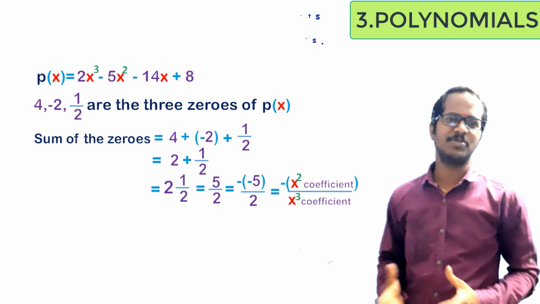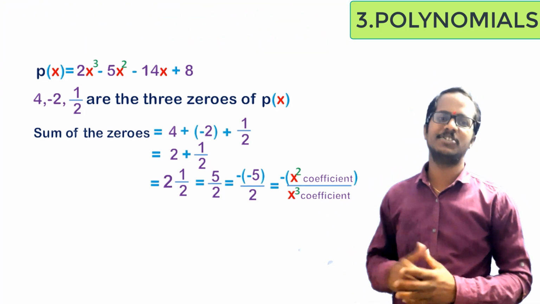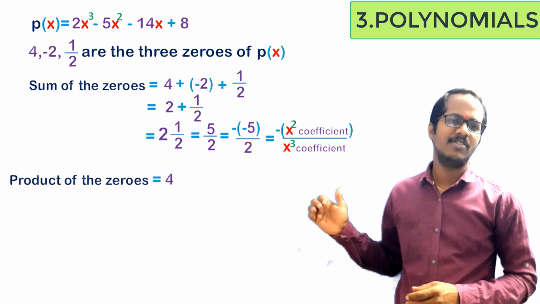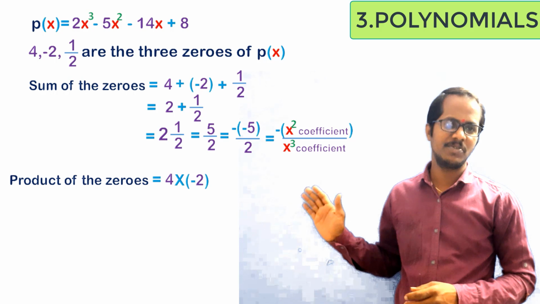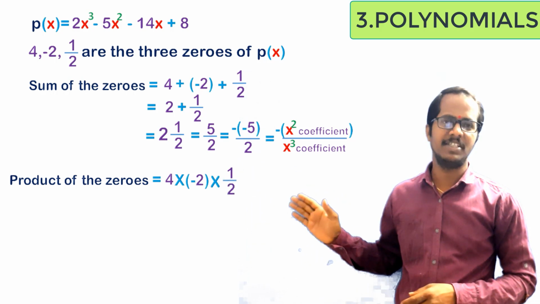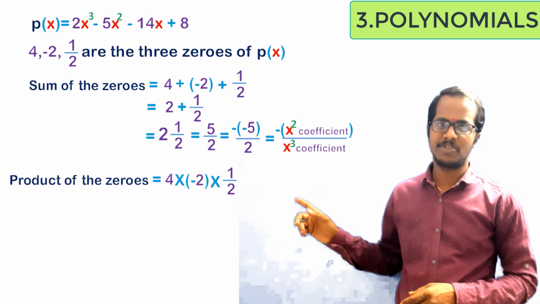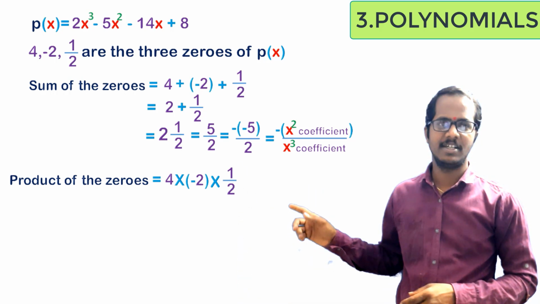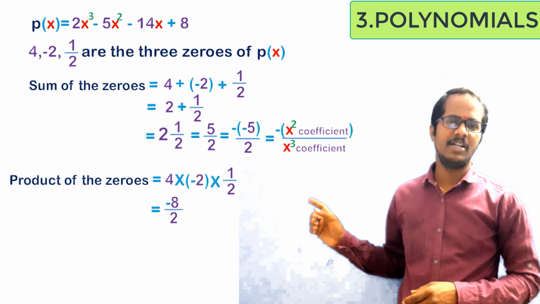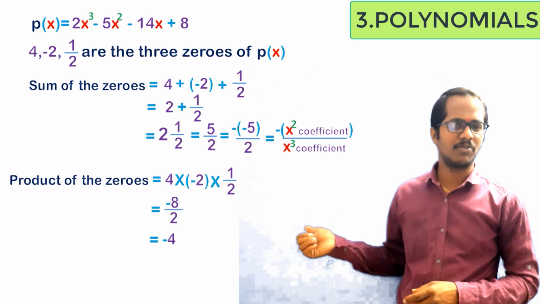Now let us do the product of these 3 zeros. So the product of these 3 zeros equals 4 into minus 2 into 1 by 2, and by multiplying all this we get 4 times minus 2 is minus 8, minus 8 times 1 is minus 8, minus 8 by 2, and by simplifying we get minus 4.